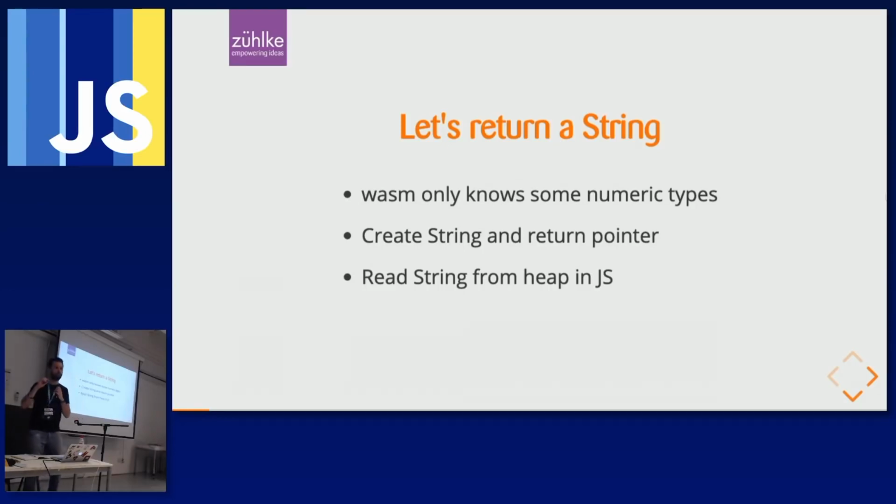So what we have to do to actually be able to pass strings is, in Rust, we allocate memory in our linear memory array, write a string into there, take the pointer, and return it, because the pointer is a 32-bit integer, right? So we can return it from our function to JavaScript.